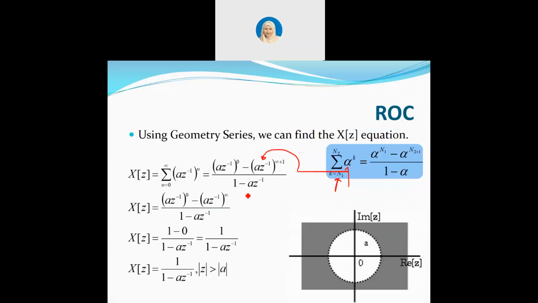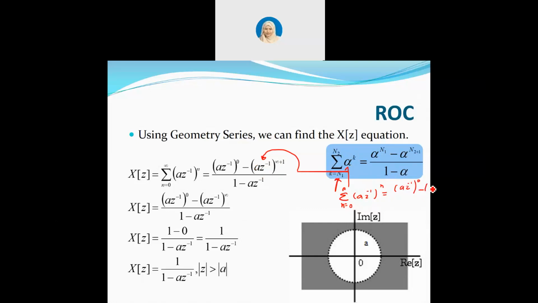So k goes from n1 to n2, and our n1 is 0. So we have alpha^0 minus this one, a z^(-1).